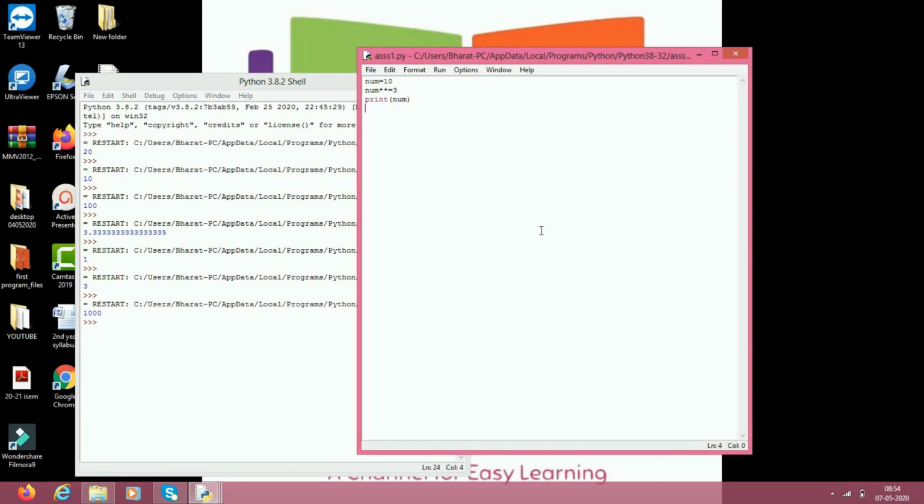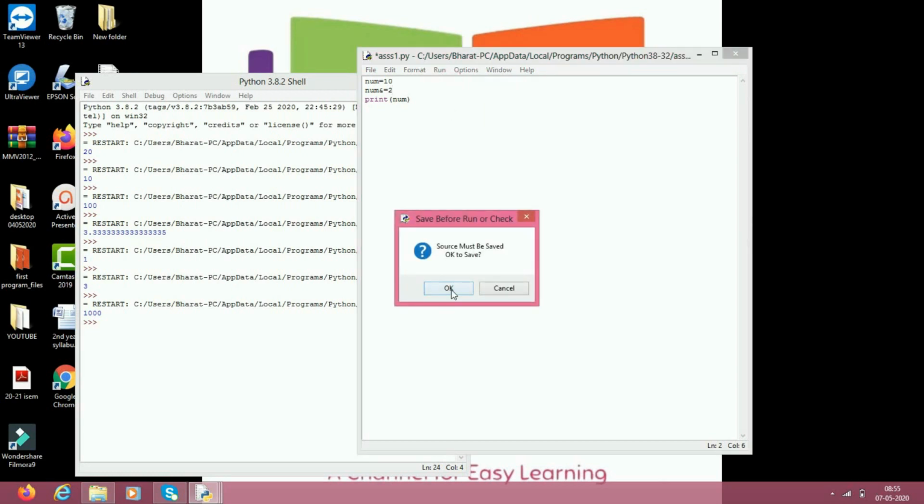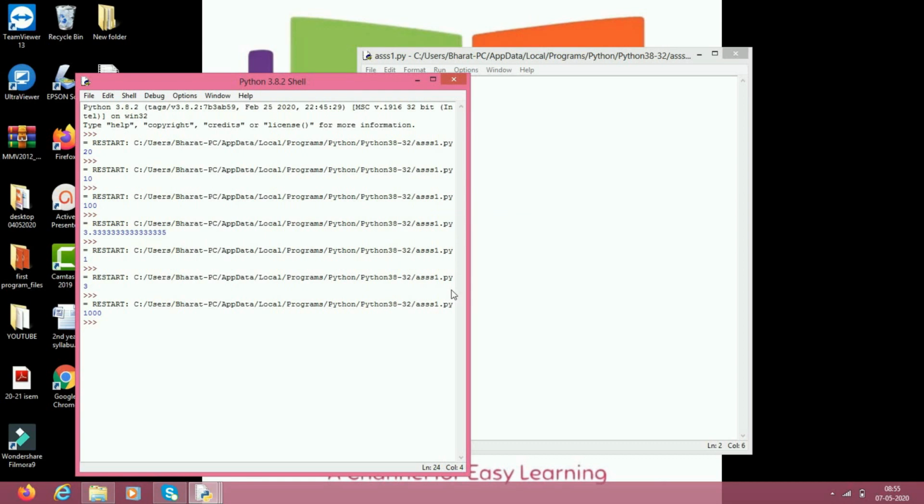Next, AND. I can apply AND equals 2. I am taking the number 2. It returns 2. In the same way, OR.